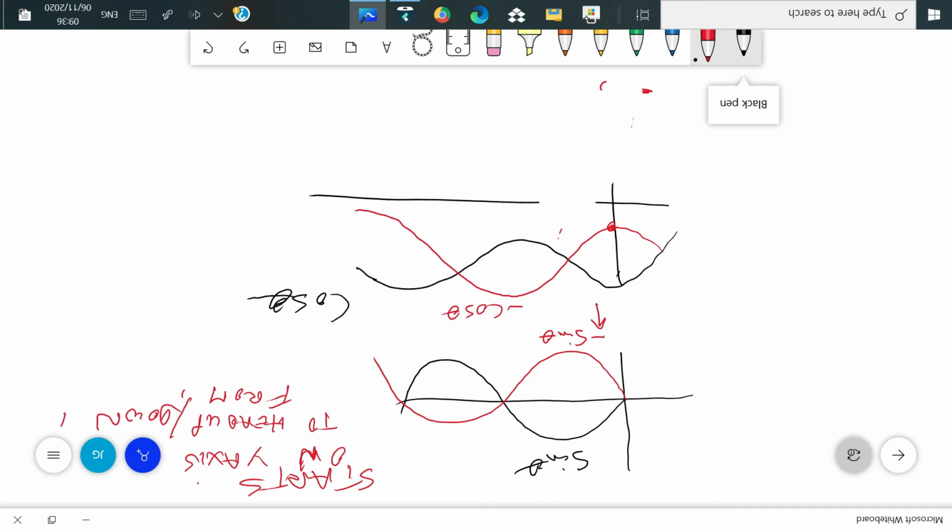Up or down. I'll put the word up or downhill. That's what I'll put there. And this one here.